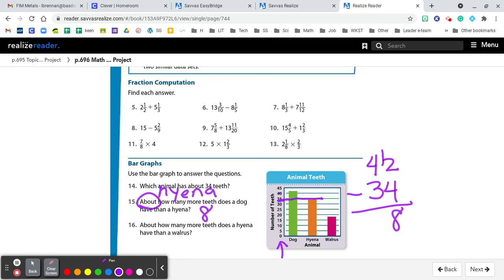About how many more teeth does a hyena have than a walrus? So we said the hyena had 34. We're going to subtract out the walrus, which looks to be about maybe 27. So we might have around 17 teeth difference.